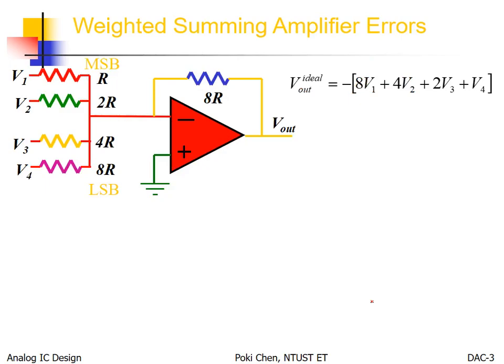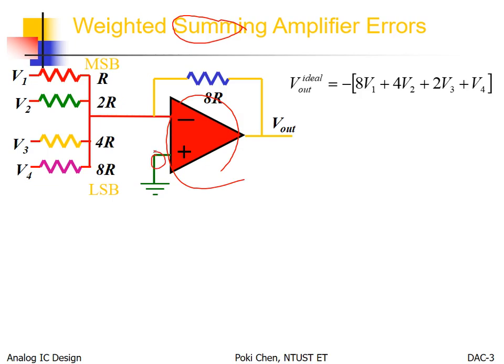Allow me to show you the easiest structure for such kind of DAC. You already learned it from your microelectronics. This is through the help of the so-called summer, the adder, with many different inputs. In theory, the input is grounded instead of DC.